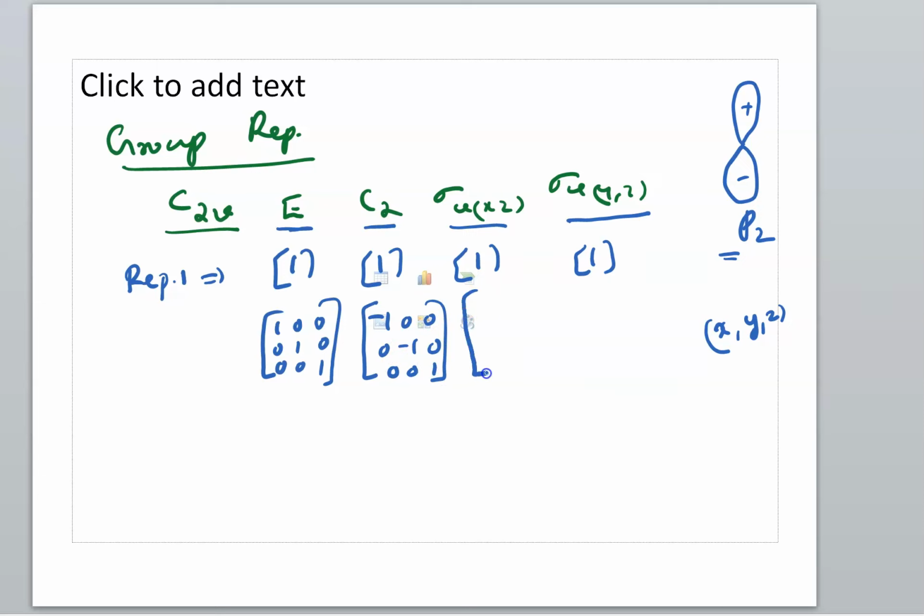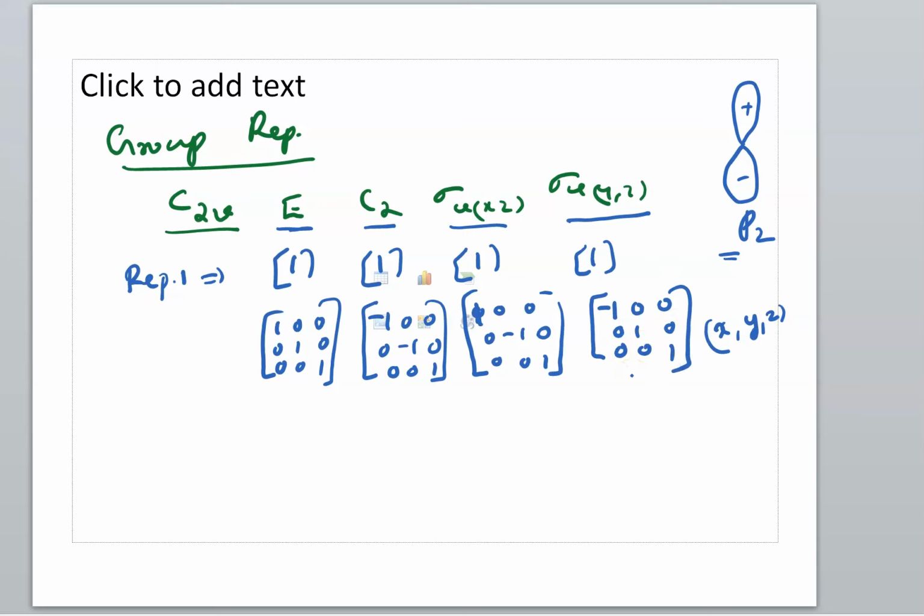For sigma V XZ we get 1 0 0, 0 minus 1 0, 0 0 1, and for sigma V YZ we get minus 1 0 0, 0 1 0, 0 0 1.